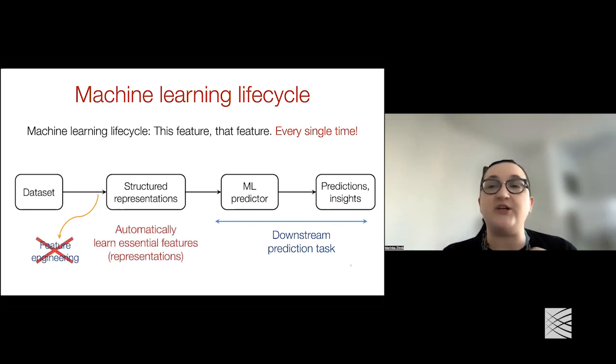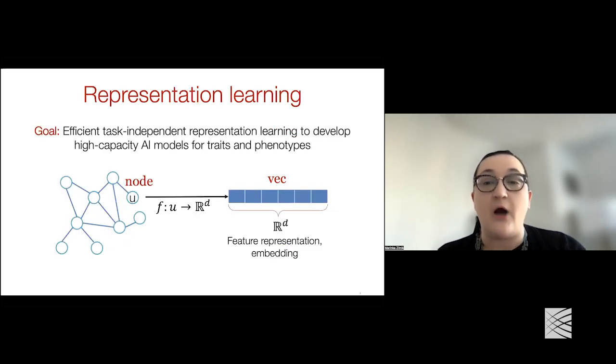What representation learning allows us to do is automatically learn those essential features and structured representations without the need for human experts to manually feature engineer those descriptors. Okay, so how can we do that?